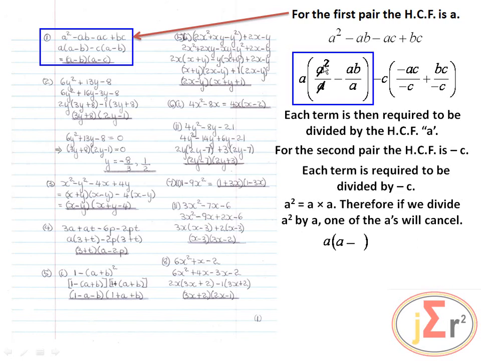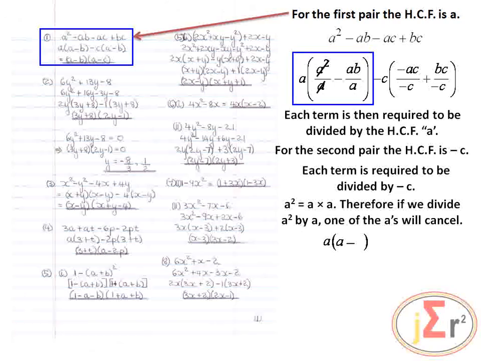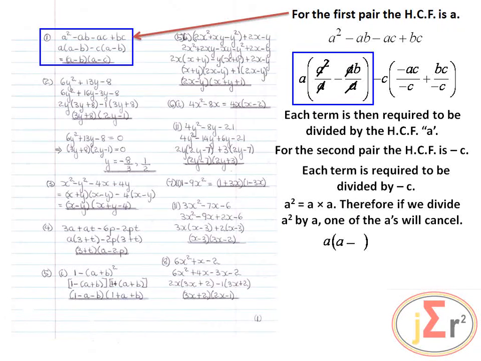A into a squared is a, and for the second term, the a's will cancel, as we see right there, and b remains. But we cannot neglect this negative sign that we have right here, which is the sign that separates the two. So we should really have a negative b.